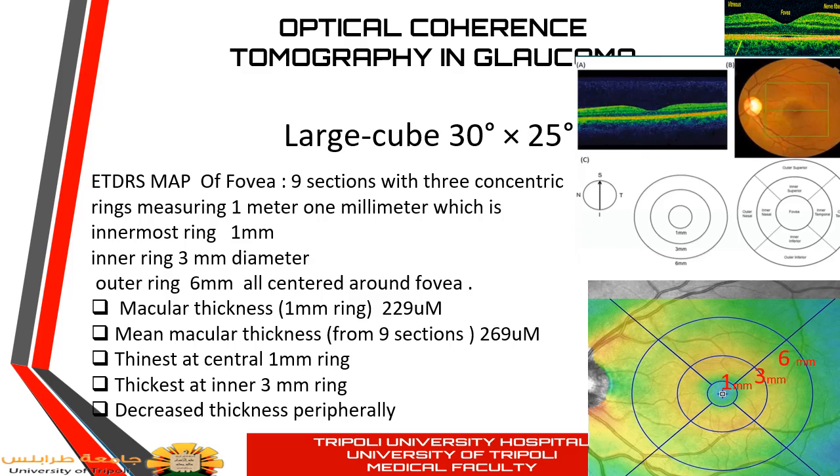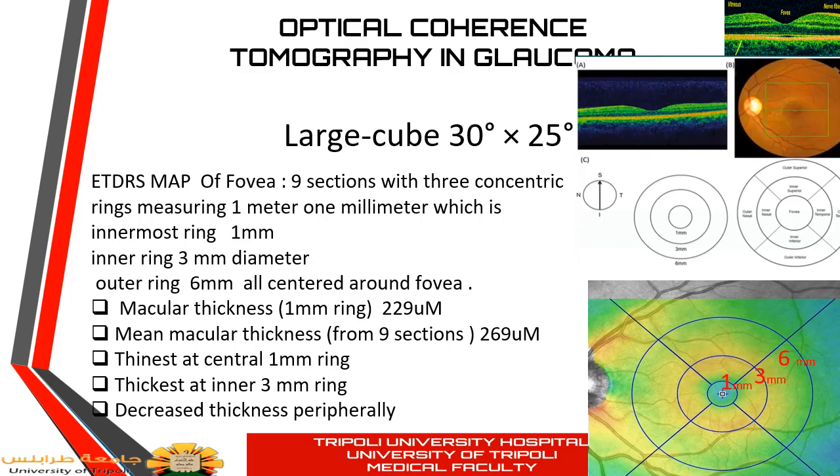They found that the thinnest area, the central part, is within the 1 millimeter ring, and the thickest area is within the second ring, the 3 millimeter ring. However, the thickness decreases as we go toward the periphery.